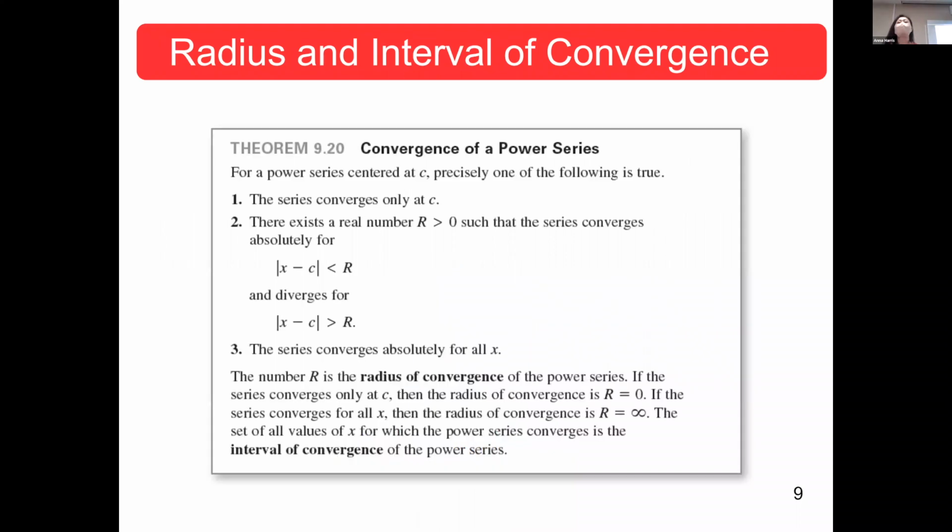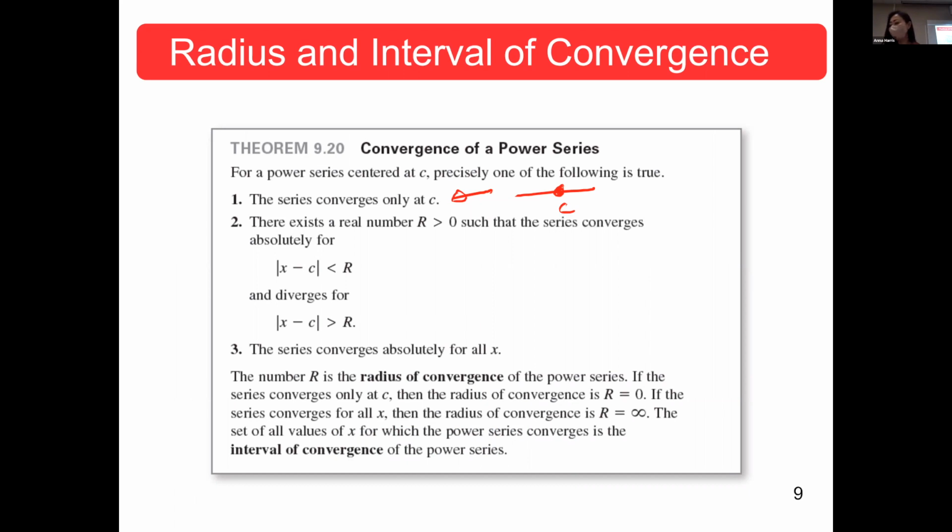All right, now next one. This is the formal definition of the convergence of a power series. For a power series centered at c, precisely one of the following is true. This is the first graph: only at c, only 1 point. What's the other case?